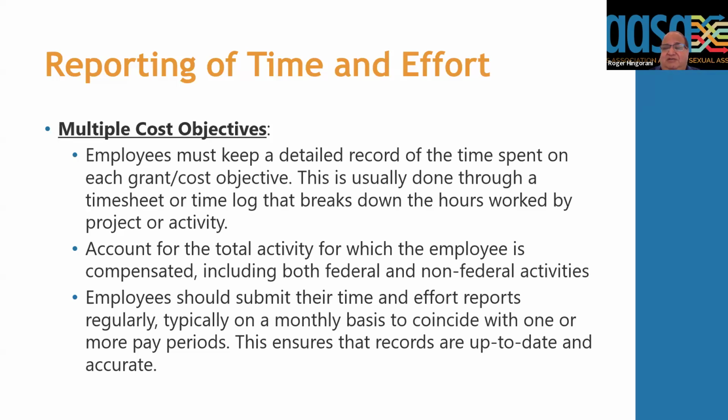So it needs to be for the complete, whether it's federal or non-federal activities, because at the end of the day, your payroll cost is based on the percentage of time you spent on each federal funding source. So it's really important that, whatever your work schedule is, you're reporting all of your hours, whether you worked on the federal funding or not, and that needs to be incorporated in your time and effort records.